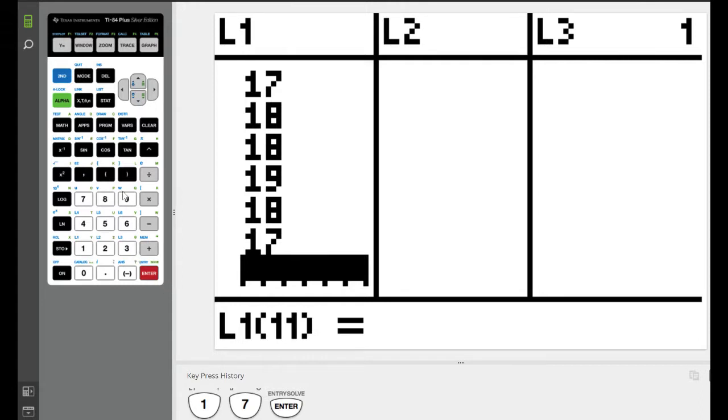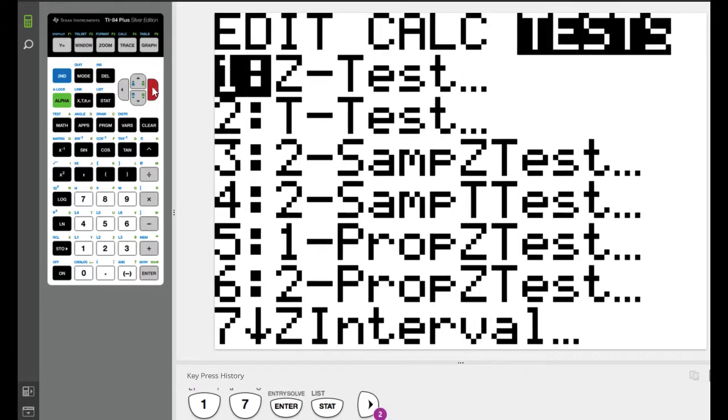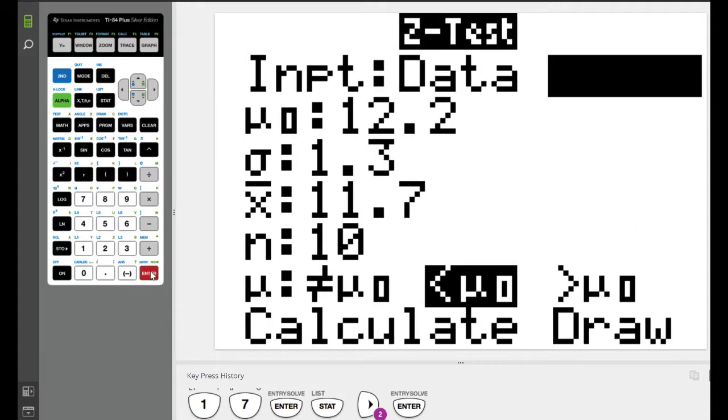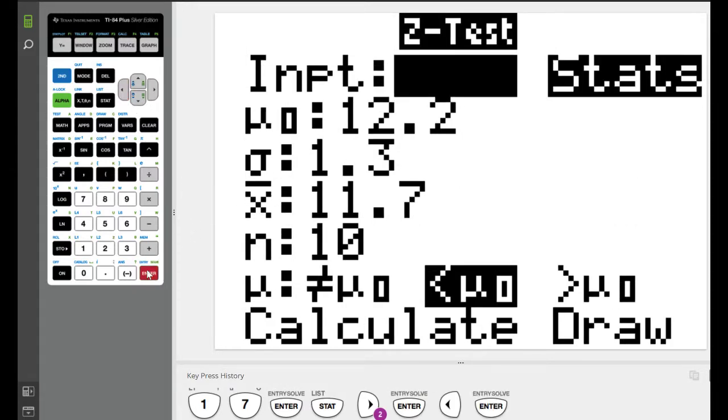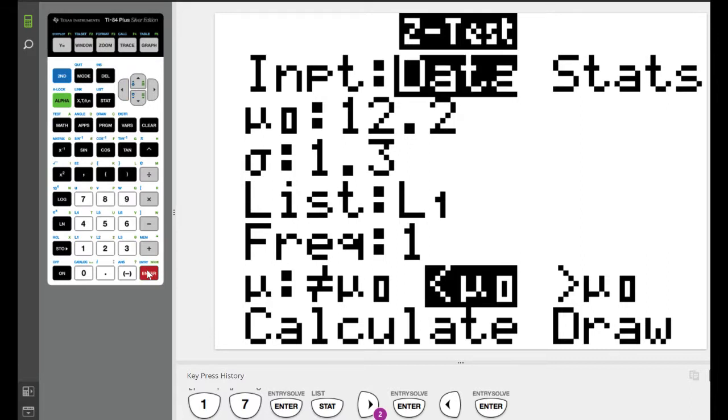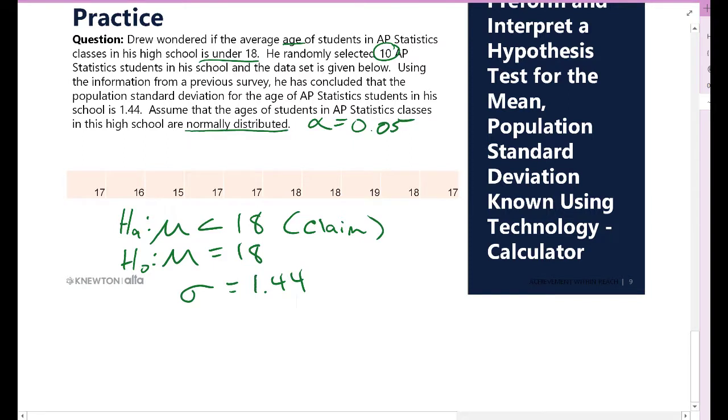Now, here we go. We're ready to perform our hypothesis test. The population standard deviation is known, so this is a z-test. So go to test, number 1, z-test. This time we have the data. Go to data. What's our mu naught? Mu naught comes from the hypothesis, so our mu naught is 18.